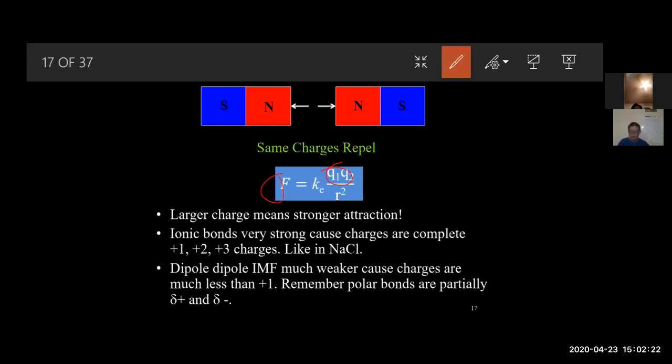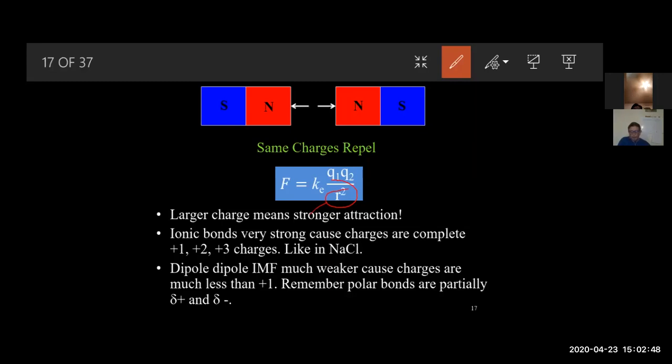Now, however, if we change the distance between them, it will change by the square. So let's say both Q's are constant, obviously K is constant, and R starts off at 1 centimeter. Well, 1 squared is 1, so our force is equal to whatever that number is.